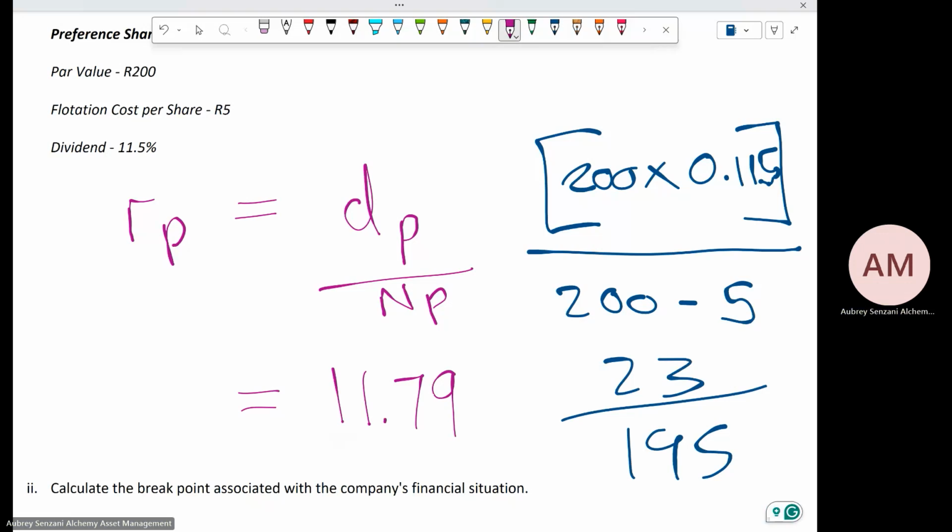Let's quickly see what ChatGPT says. We're asking why preference dividends are not tax deductible.